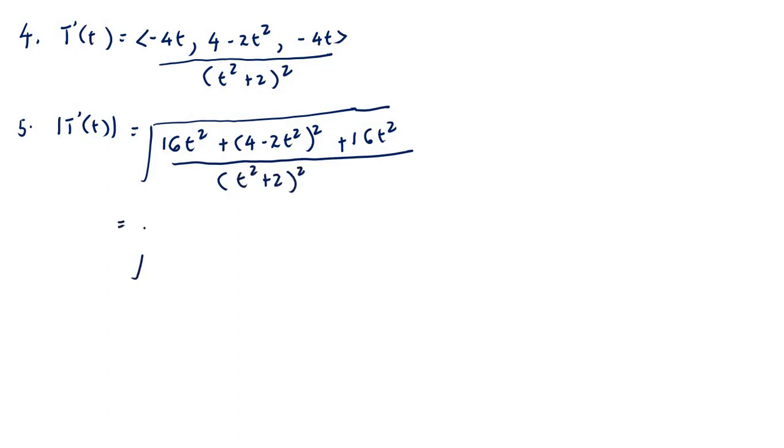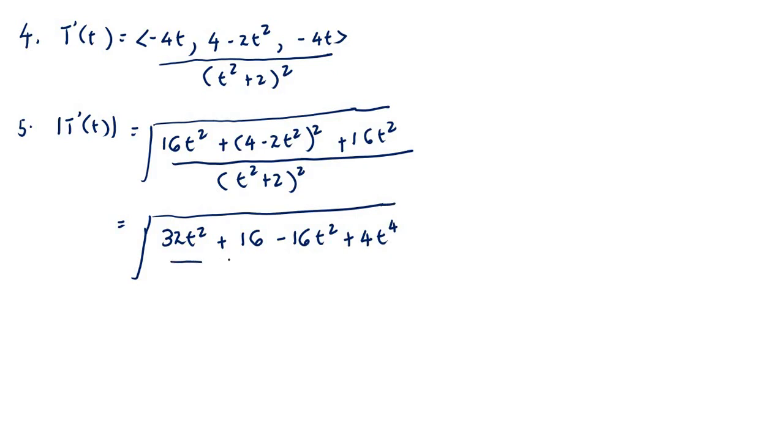Okay, expand it. 16 plus 16 is 32t squared. Okay, expand the second term here. We have 16 minus 2 times 2 times 4, minus 16t squared, plus 4t power 4, divided by t squared plus 2 squared.